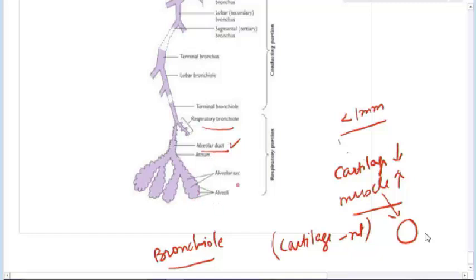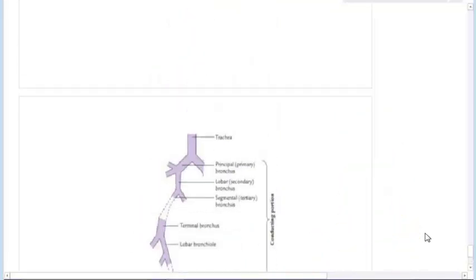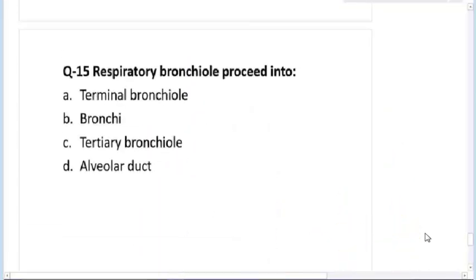So this is the respiratory portion where actual exchange of gases will take place, and this whole series of tubes from trachea to terminal bronchiole was the conducting portion. From the respiratory bronchiole onward, this is the respiratory portion. So the answer to our question, respiratory bronchiole proceeds into, is D, alveolar duct.